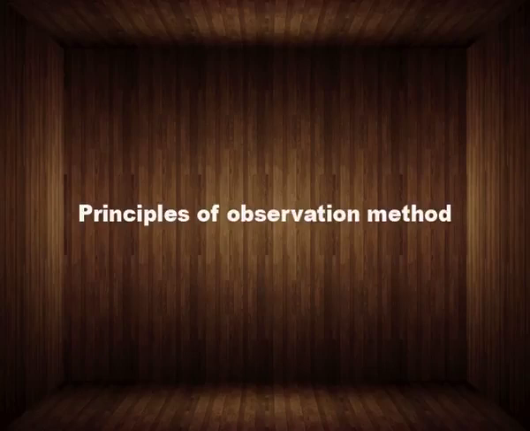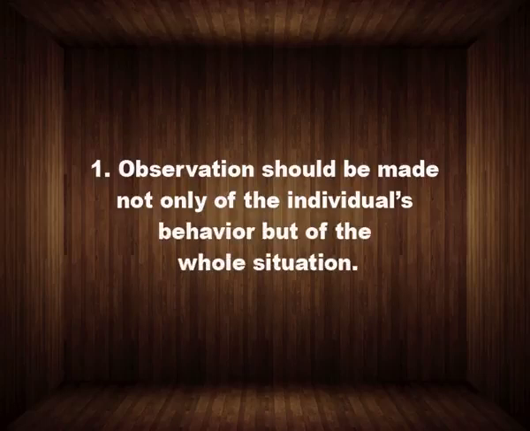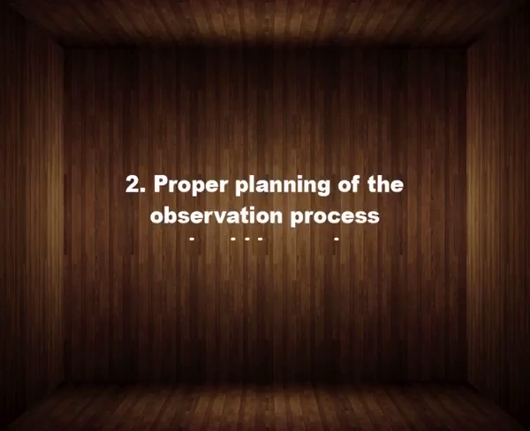Principles of observation method. There are certain principles that should be followed in the observation method. They are, number one, observation should be made not only of the individual's behavior but of the whole situation. Number two, proper planning of the observation process should be made.